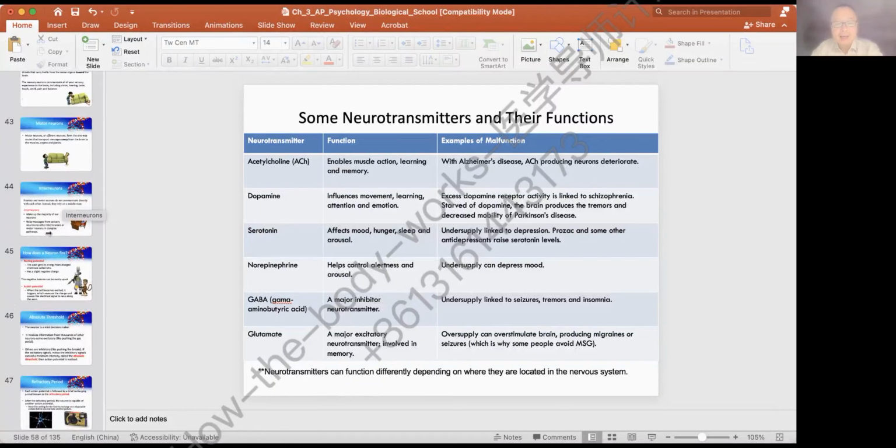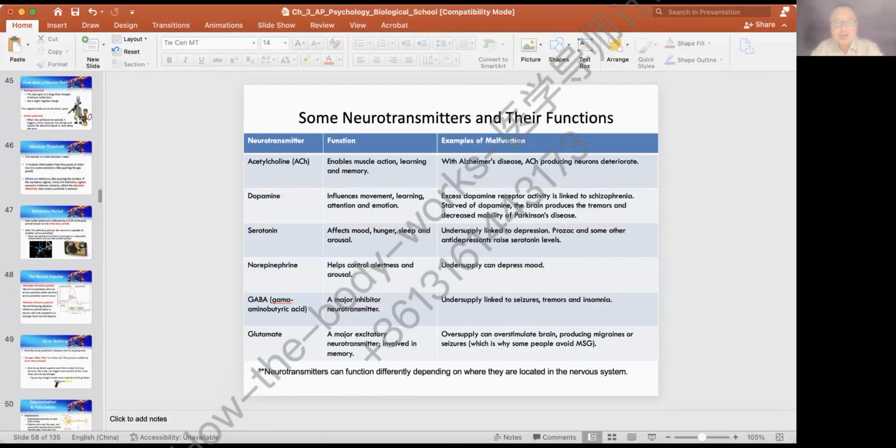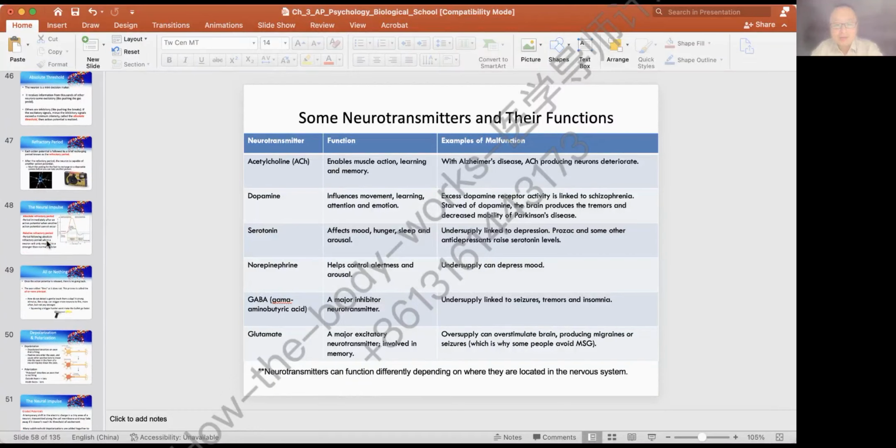We also mentioned the neurotransmitters and their functions, two kinds: one is inhibitory, GABA, and the others are excitatory neurotransmitters.